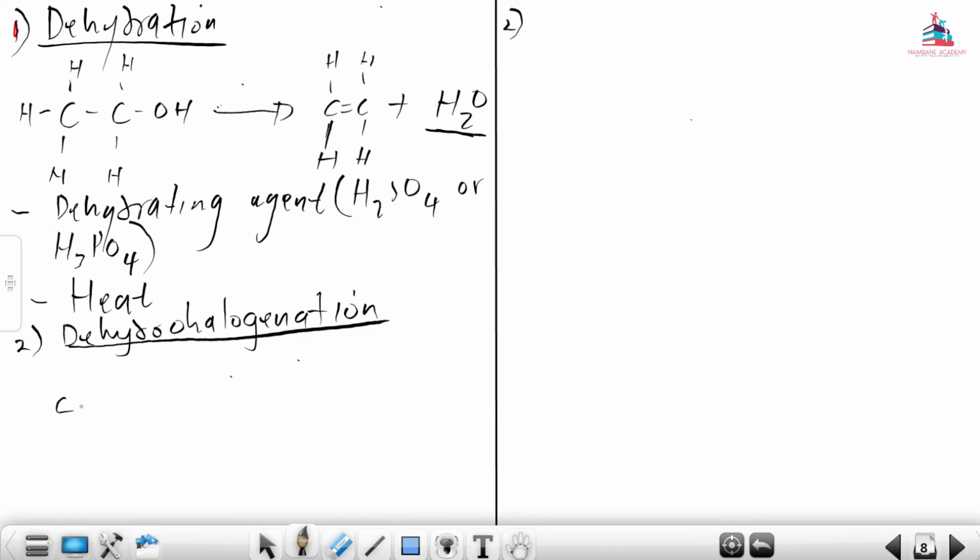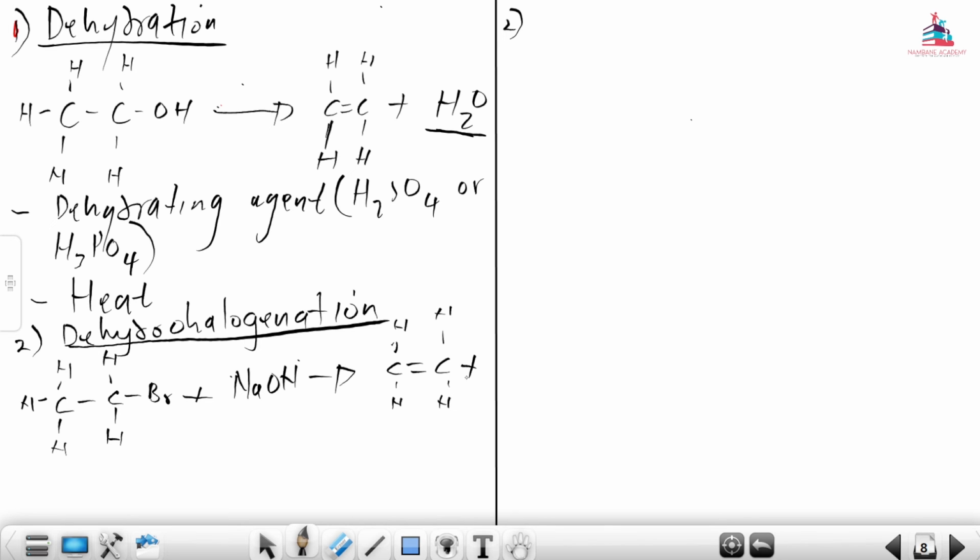So we start with a haloalkane, Br, and then we add sodium hydroxide, and then we form our double bond, plus we form sodium Br plus H2O.